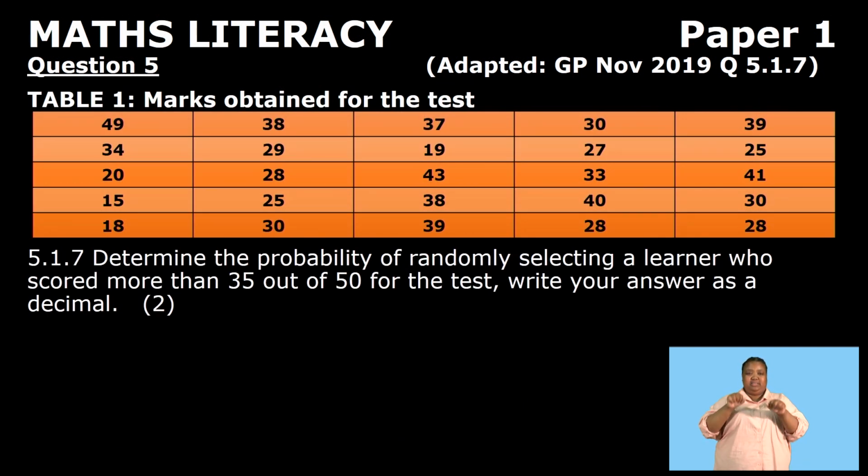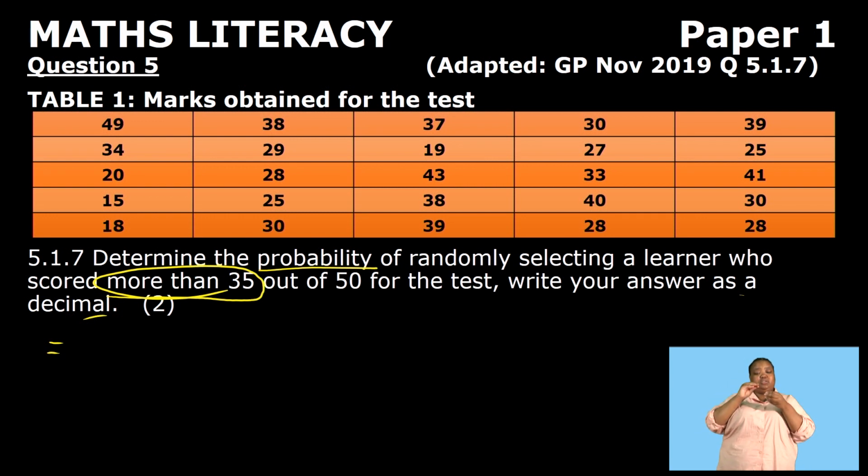5.1.7. Determine the probability of randomly selecting a learner who scored more than 35 out of 50. Write your answer as a decimal. So now we are looking at all those learners who got more than 35 marks.